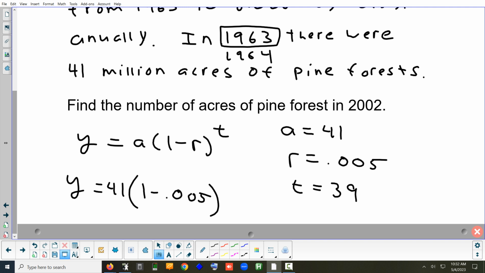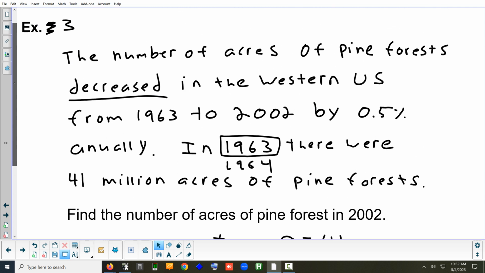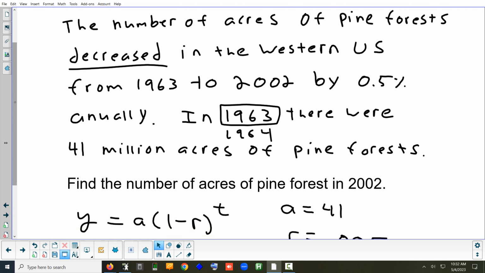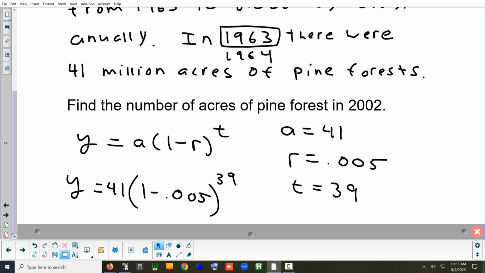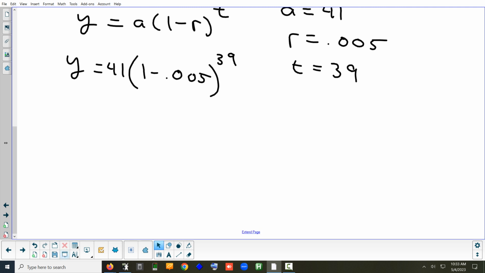Yep, 39 years are going by. What would have made this problem a little easier is if they said, we had 41 million acres of forest, find how much forest 39 years from now. Then you wouldn't have had to figure out the 39. But they didn't word it that way. Right, so now we're going to type that in and see what we get.